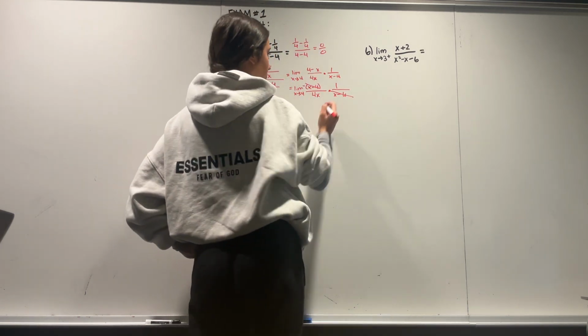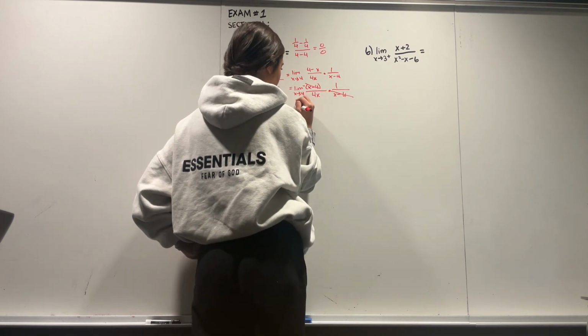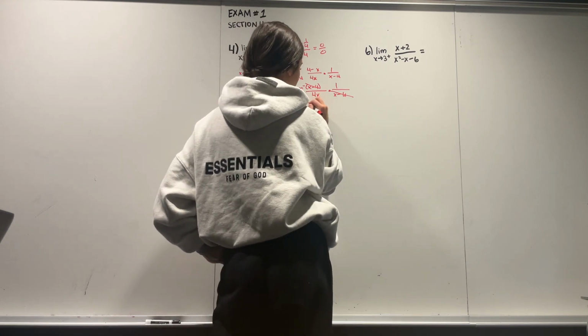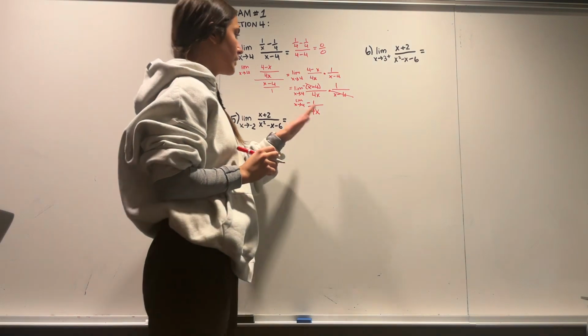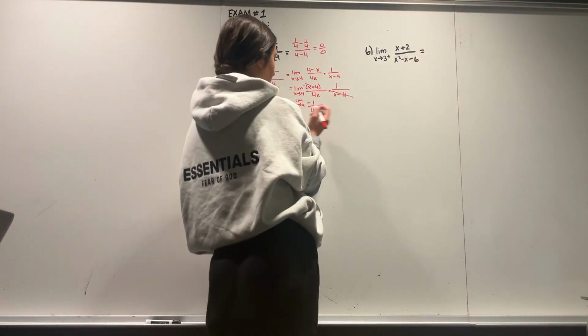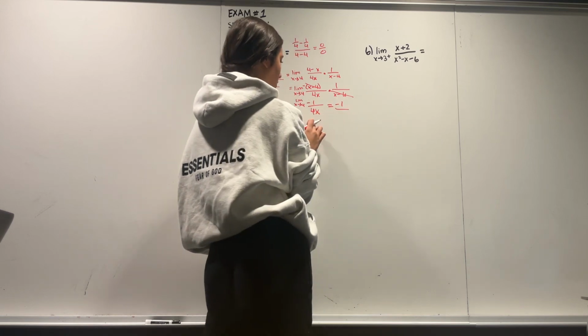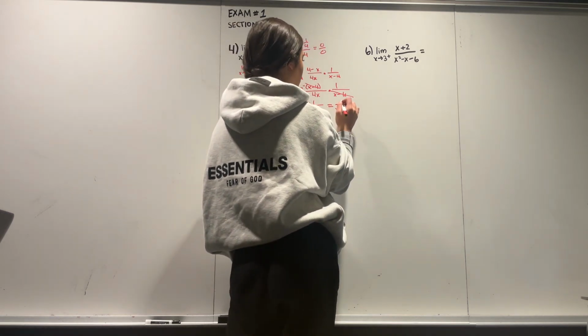So then you're going to be left with negative 1 over 4x. And then as x approaches 4, negative 1 over 4x. And then we're going to plug the 4 back in. It'll be negative 1, and then 4 times 4 is 16. So you're going to get negative 1/16 here.